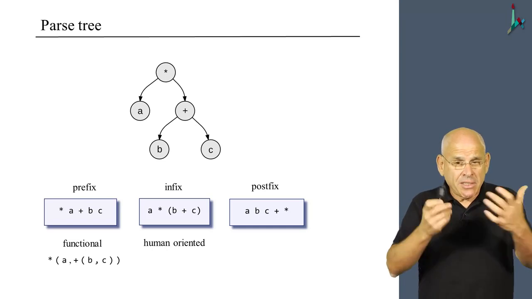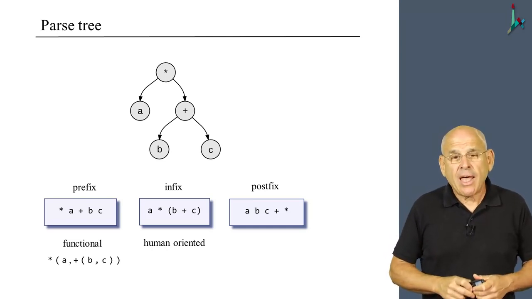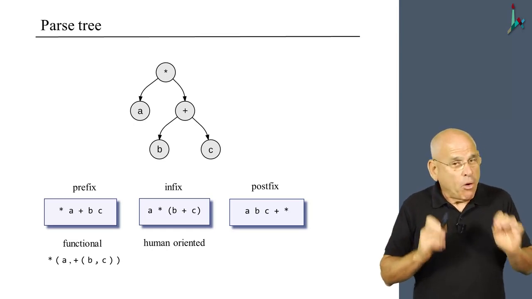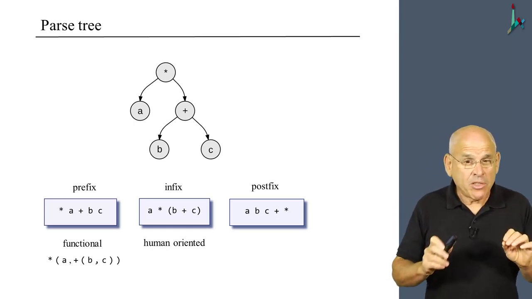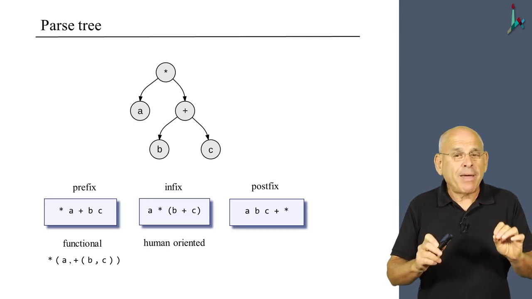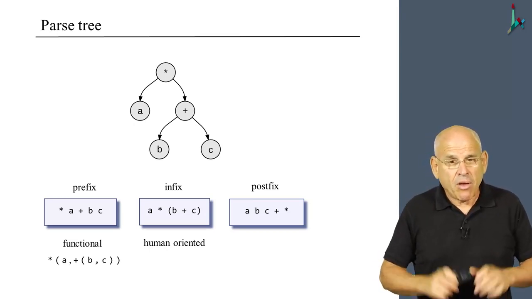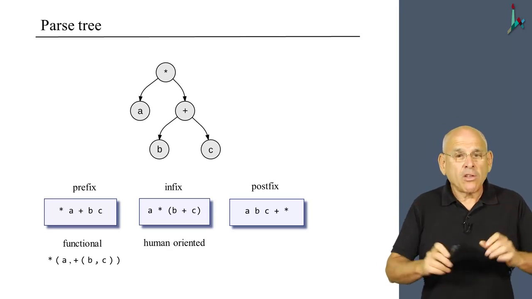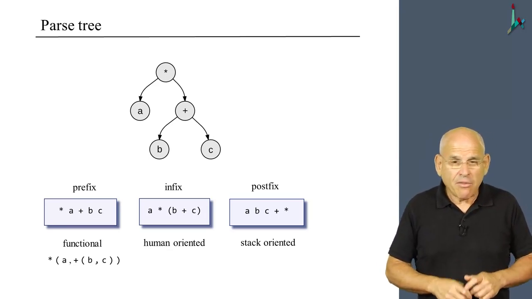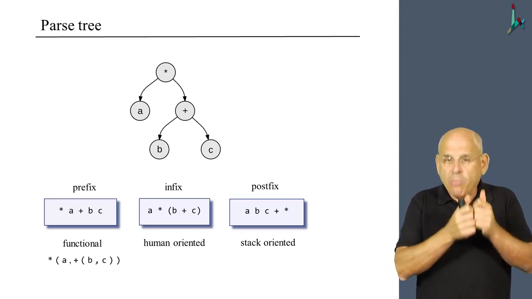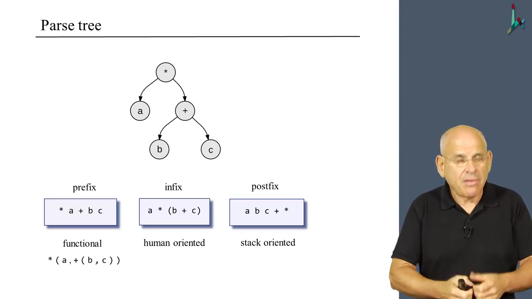Now, for obvious reasons, this is called postfix, and I would like to point out, very importantly, that this postfix notation is intimately related to our stack machine, because our stack language is also postfix, right? If we want to add up two numbers, what do we do? We push A, we push B, and we say add.